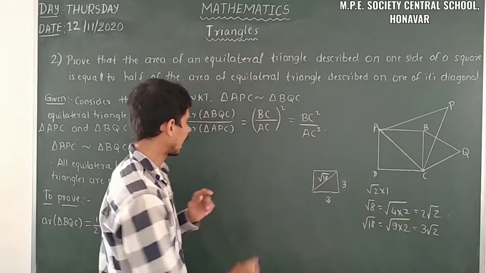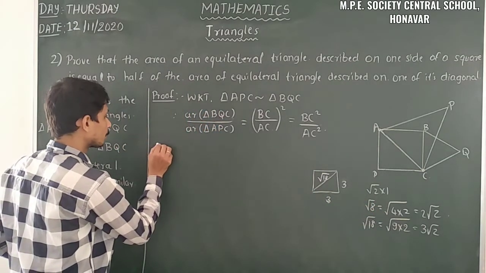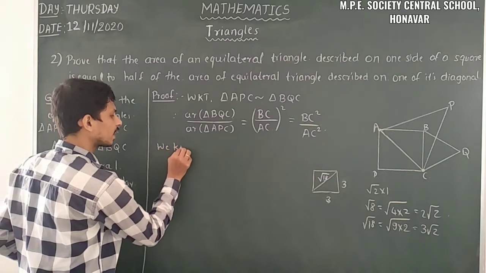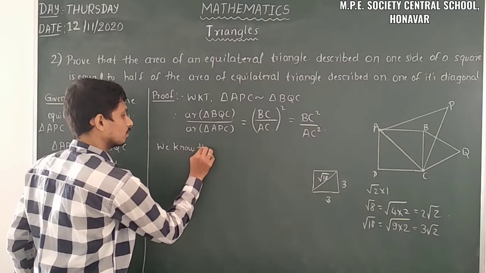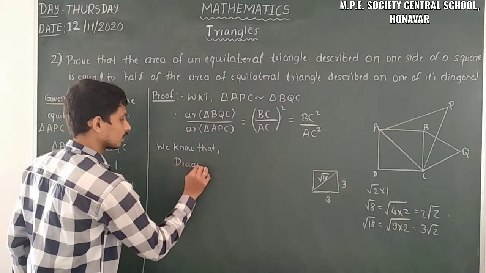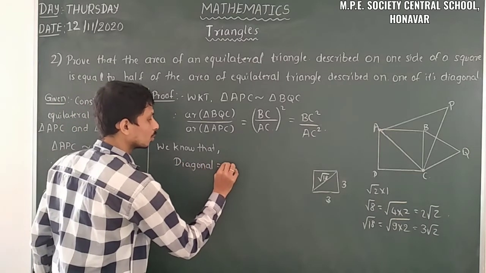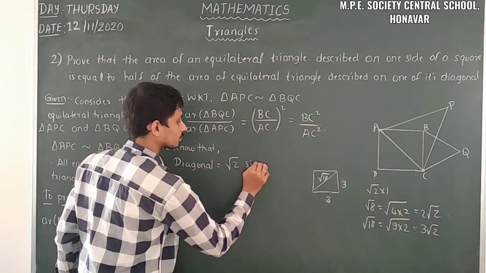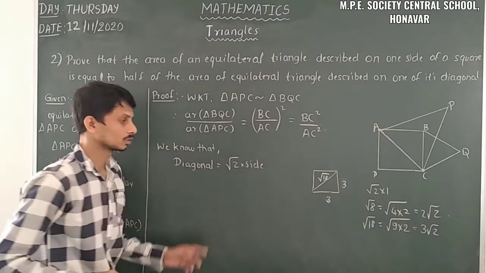So that is the diagonal. We know that diagonal is equal to root 2 into side. So that one we can use.